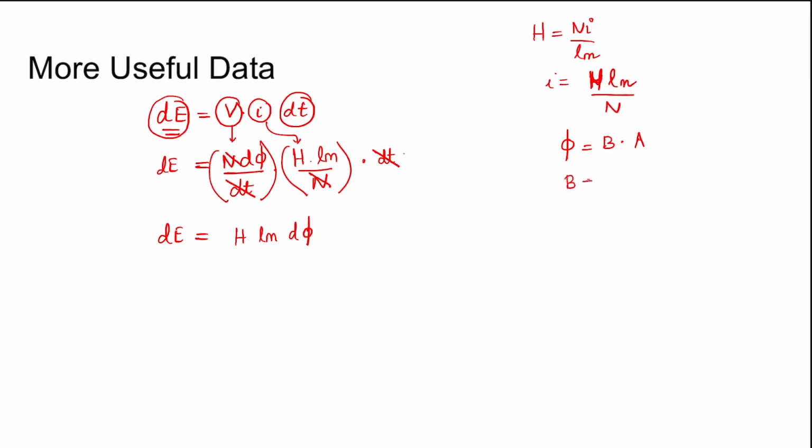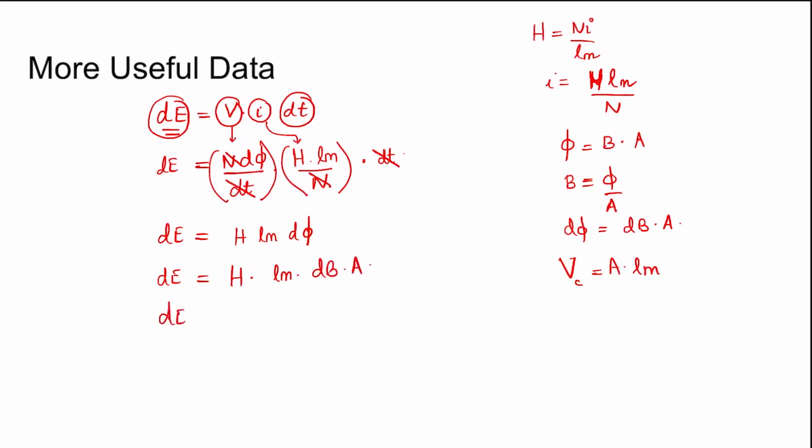Now phi equal to B into A, since B is phi by A, this is flux density. Now d phi equal to dB into A. And let us assume the volume of the core is A into Lm. Now rewriting, keeping H and Lm, and d phi is dB into A, dE can also be written as H dB into volume of core.